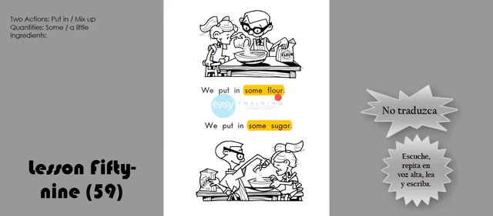The girl says, we put in some flour. This is flour. Flour in a bag. And in this picture we can see the girl and her dad are putting in some flour. They are putting some flour in the bowl.